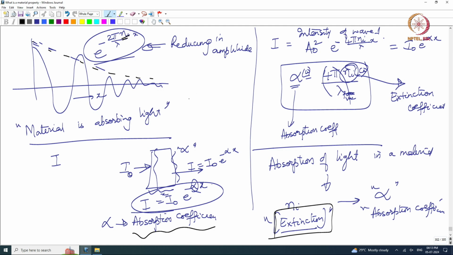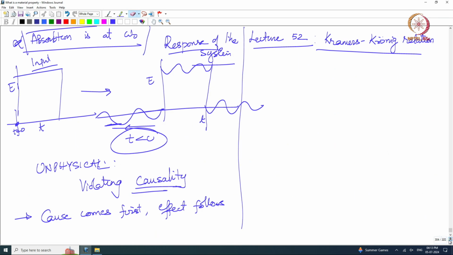Inside a material, let's write it again: a light that is incident into the material has the form e^(-iωt) times e^(i(kx - ωt)), with an amplitude A0.